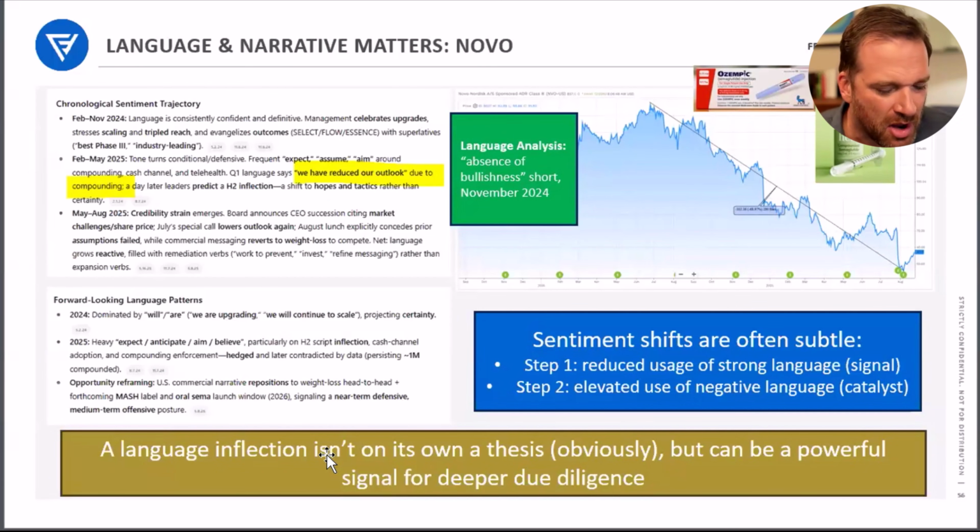And I say, okay, how could I apply NLP inflection to try and identify a shift here?